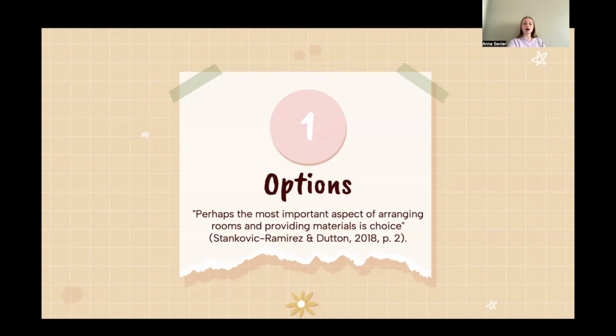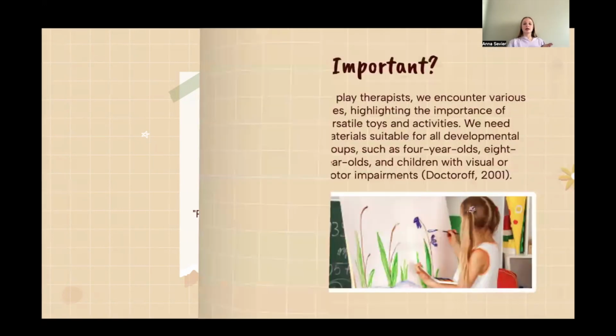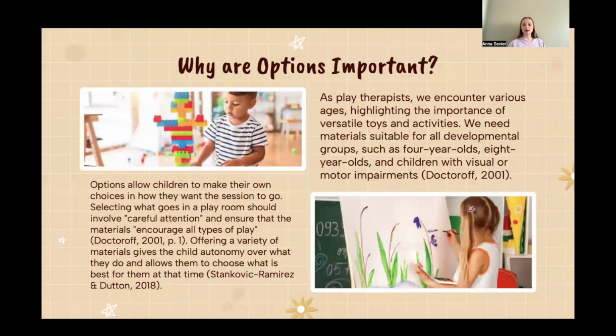And I could not agree more. Choice gives kids autonomy and allows them to steer the session in whatever direction they choose. So maybe they want to paint, maybe they want to read, maybe they want to write, maybe they want to play dress up.